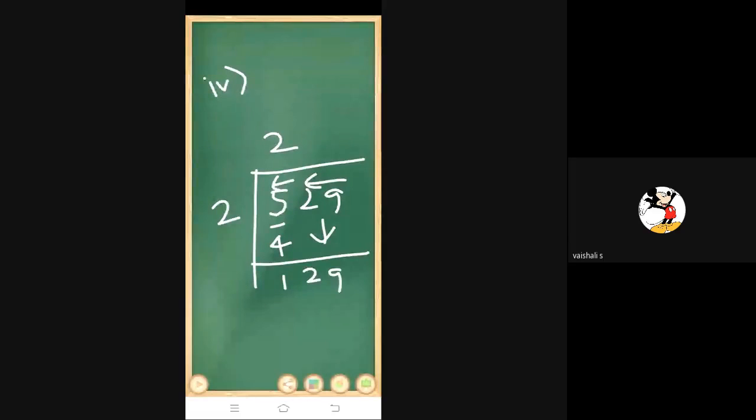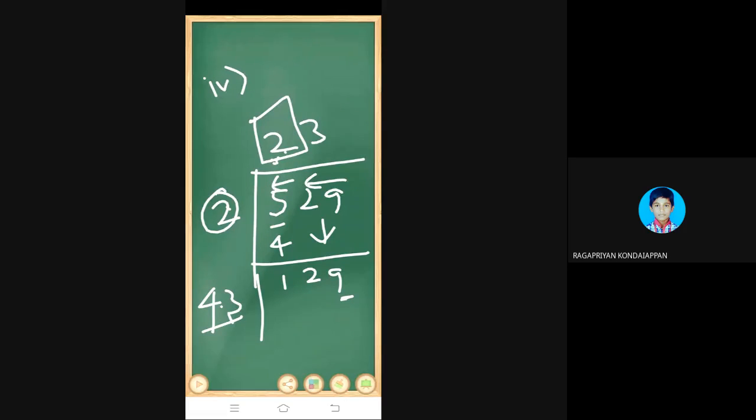Now, whatever number we have here should be multiplied by 2. 2 2s are 4. I am telling you to consider only this number. Now 9. What are all the possible digits for 9? 3 3s are 9. 7 7s are 49. Let us try with 3 first. So 43 into 3 is nothing but 129. So we got the answer: square root of 529 is 23.